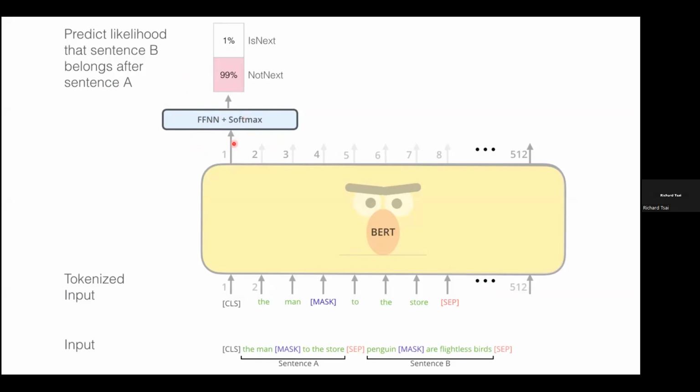This step allows BERT to be fine-tuned for various classification tasks by using the CLS token to make predictions about the relationship between two input sentences. So here we can see that this is the first sentence, this is the second sentence.